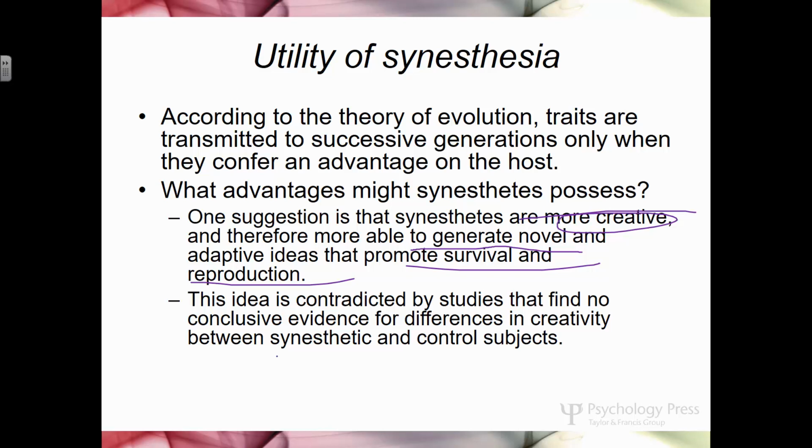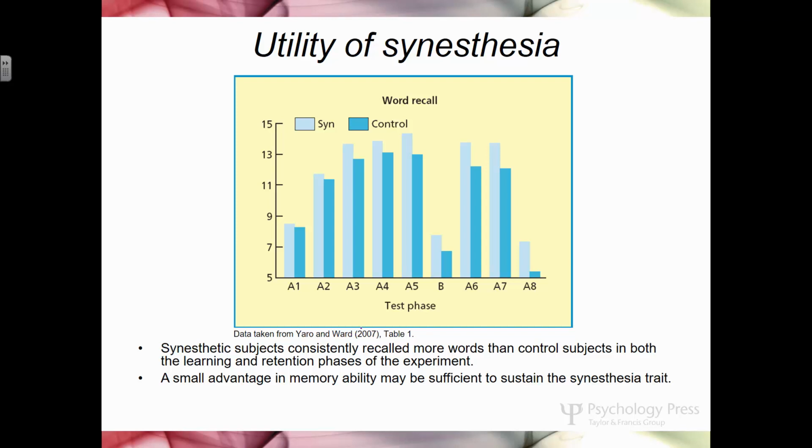and there doesn't really seem to be any difference between folks with synesthesia and control subjects. However, there has been some work demonstrating that folks with synesthesia might have a slightly better memory than folks without synesthesia. Having a better memory is beneficial to survival, right?